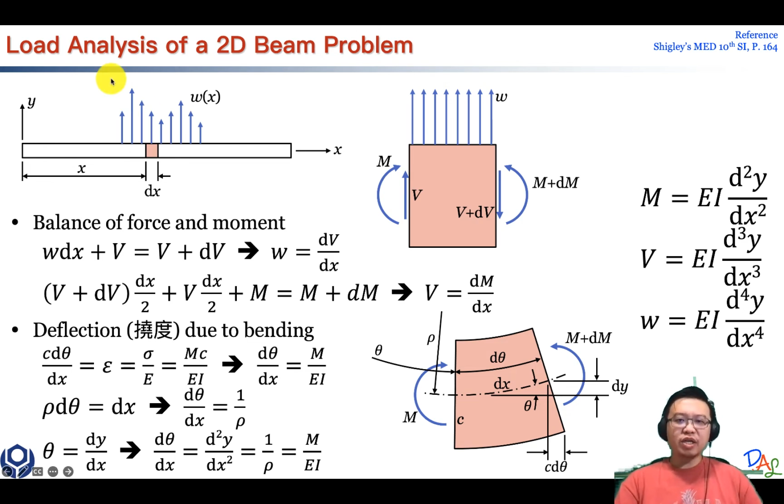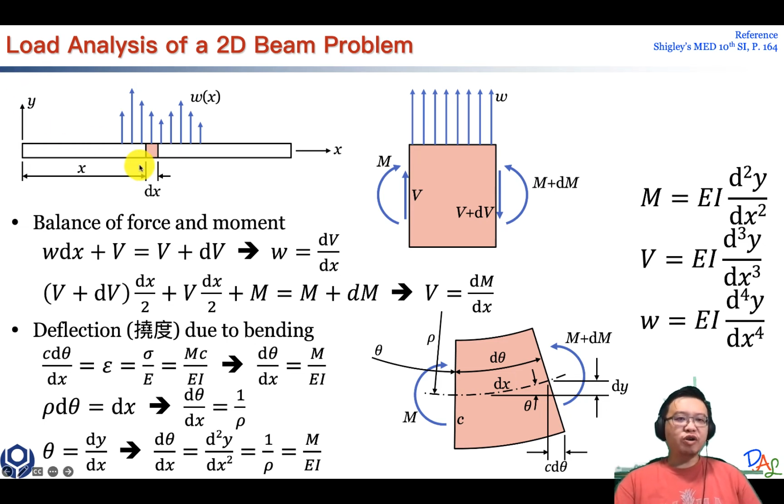But right here, because of this external load, they could be changing everywhere. So this beam is now under a more complicated load condition, and the bending and shearing will be different everywhere. We need to know how they differ at every position.